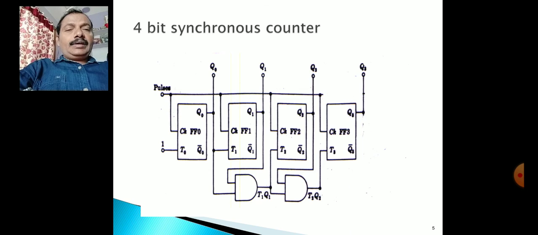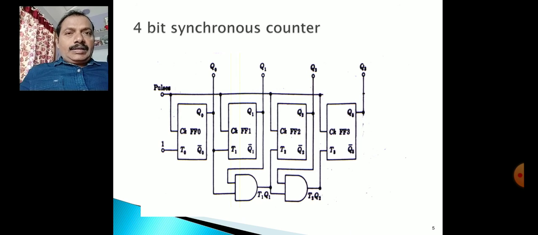And observe here the design equations for the synchronous counter. The design procedure is entirely different, but at your diploma level it is not necessary. For the excitation of the flip-flops we have to consider the T flip-flop excitation, and for the synchronous counter design, what is the present state and next state.